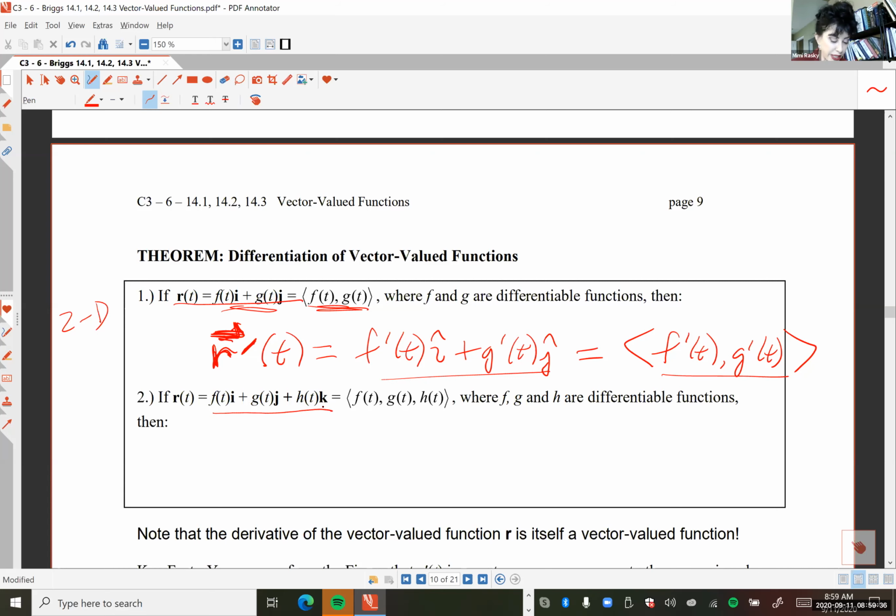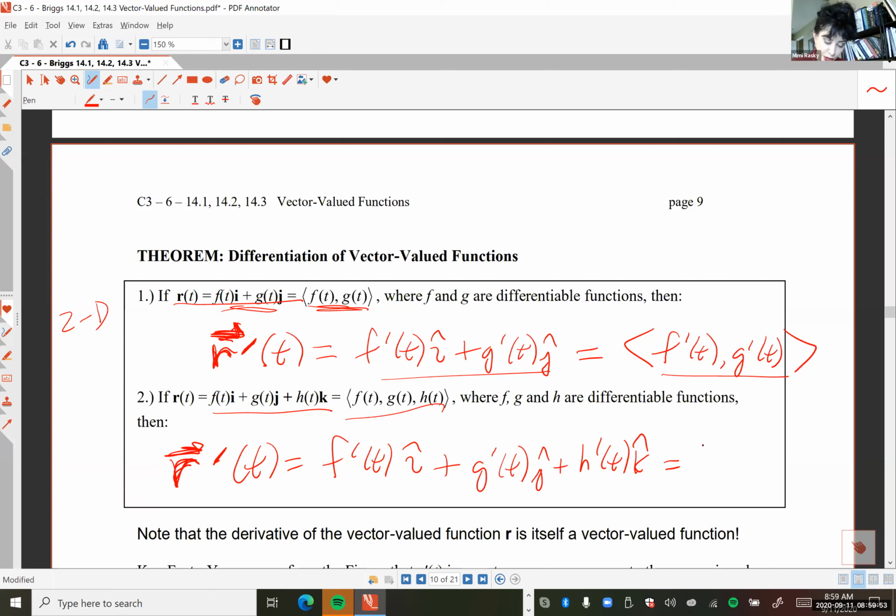And then if you have a 3D vector valued function, no problem there. Your r prime is going to be one that has the k hat. And if you prefer, you can put it in component form, which I like. I'm running out of room. Okay, so there is the official theorem, differentiation of vector valued functions. That's it.